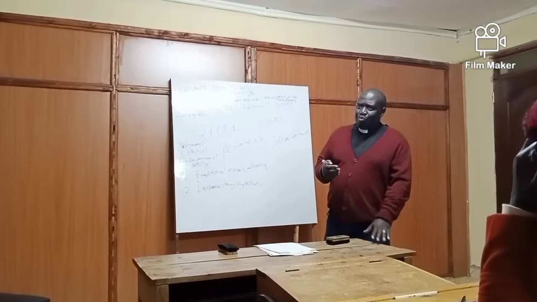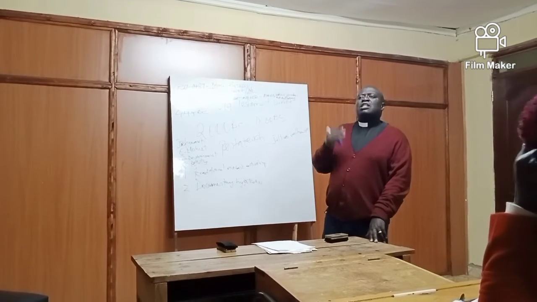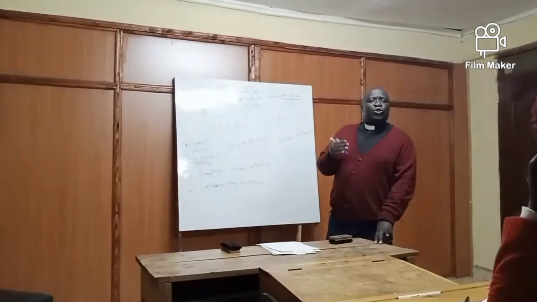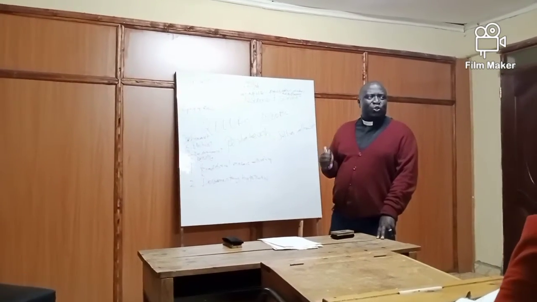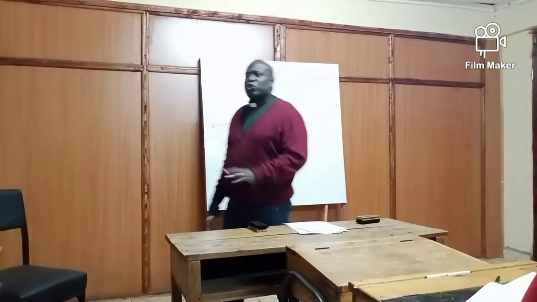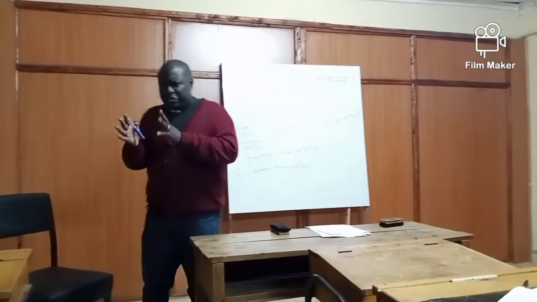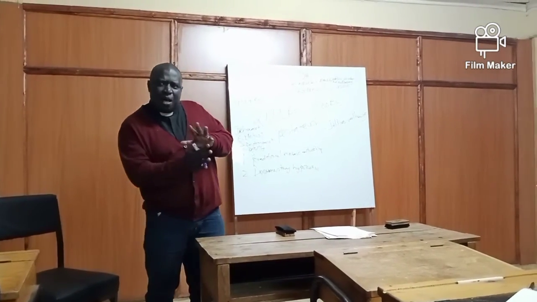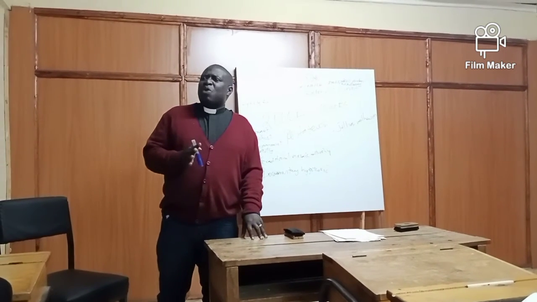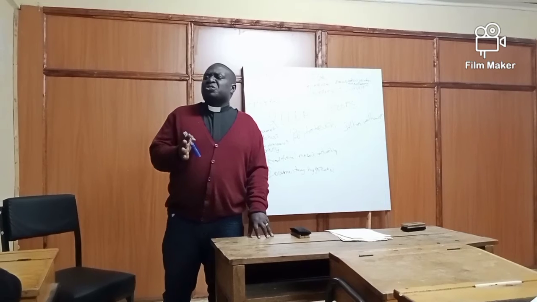A perfect example is Genesis chapter 1, which is what we call the first creation story. Genesis chapter 2 is called the second creation story. There are some similarities, but there are also some differences. So they say, why are these 2 different stories?